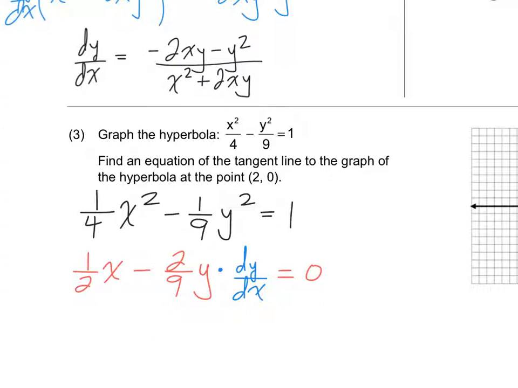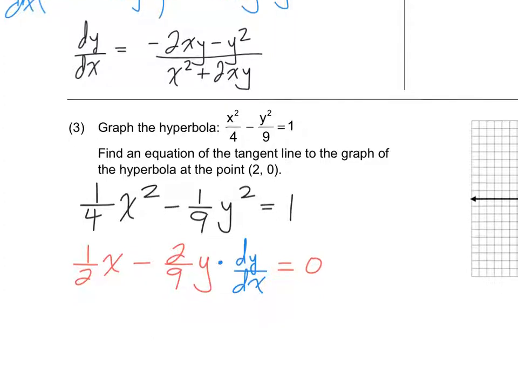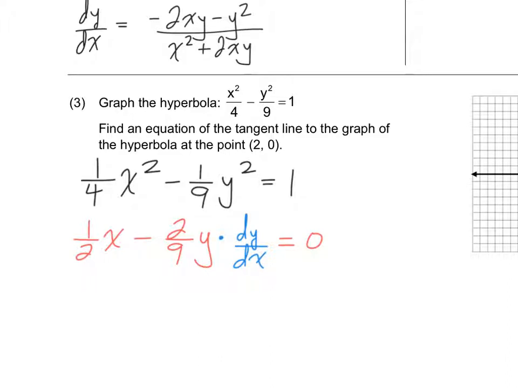I don't know. Some people don't even care. Like, this will give me the answer? Cool, good enough. And if that's the case, that's fine too. All right, so I'm going to solve for dy dx. So I have negative 2 over 9 y dy dx. I'm subtracting the 1/2 x to the other side, so negative 1/2 x.